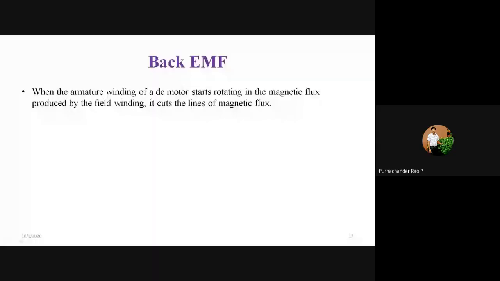When the armature winding of a DC motor starts rotating, the armature conductors rotate in the magnetic field produced by the field winding, which has lines of magnetic flux. It is similar to your DC generator, and therefore the DC generator action also takes place in the DC motor.